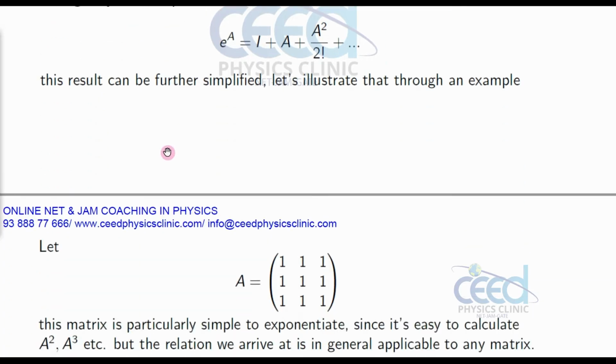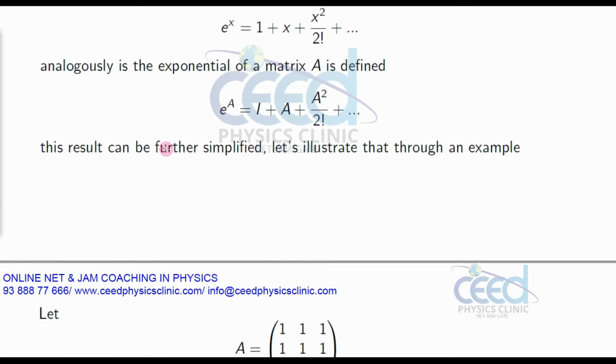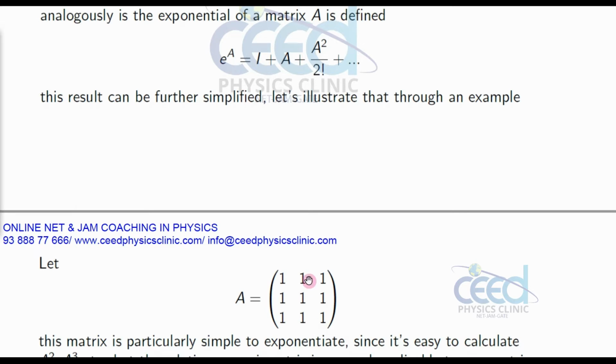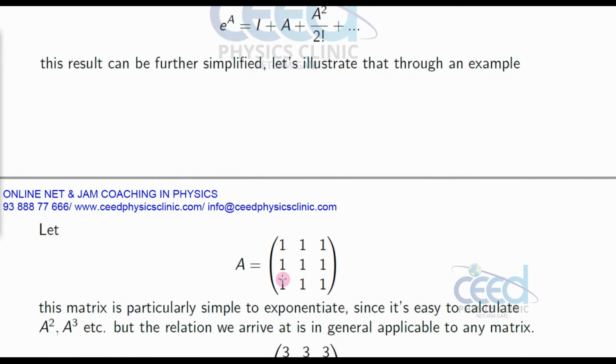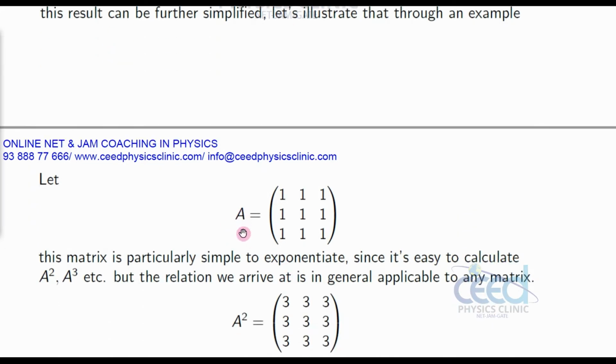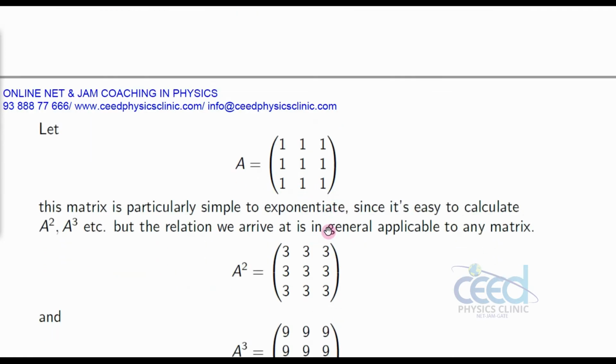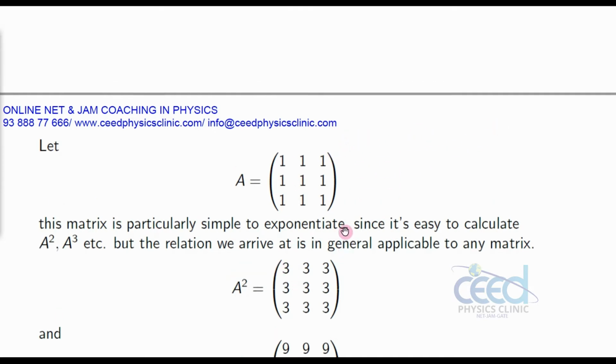Suppose I am taking an example for A, I will create a result and then we will generalize that result for any matrix. If I choose A as the 3 by 3 matrix with all entries 1, what about A square? The first element is 1 plus 1 plus 1, that is 3, and all elements are 3.